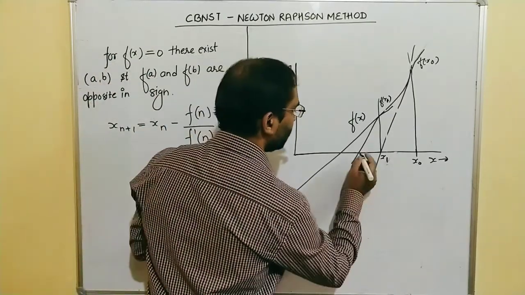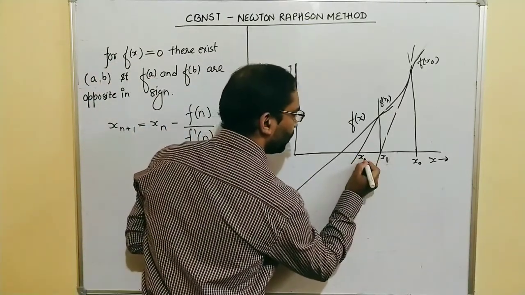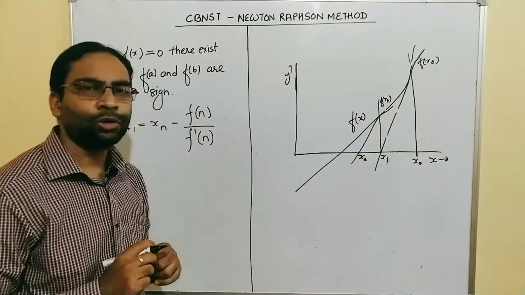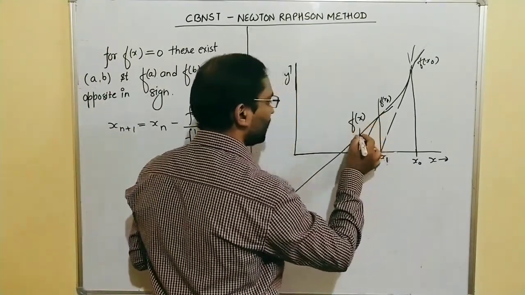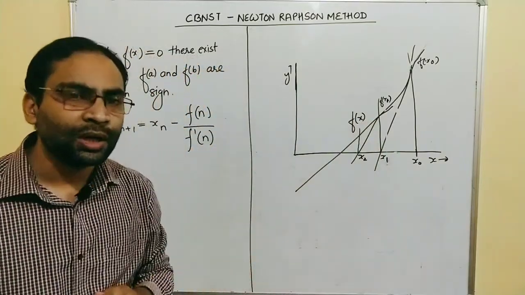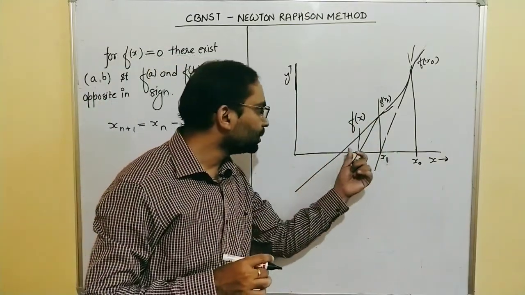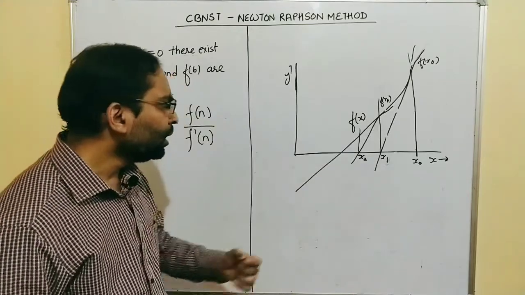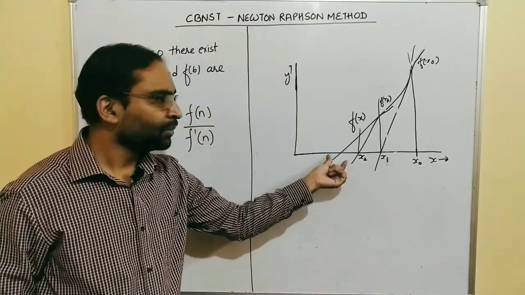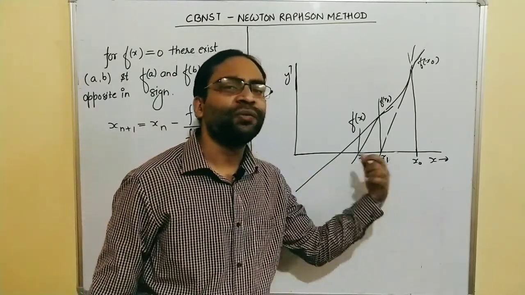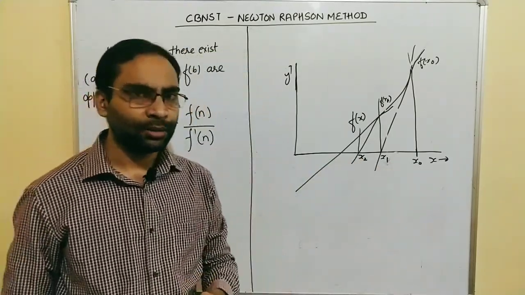If this tangent cuts the x-axis at some other point, let's say x2, then we will repeat. We'll again draw a perpendicular, and at the intersection point on the curve, we'll again draw the tangent. In this way, we are approaching our actual solution, and you can see we are approaching much faster as compared to other methods.